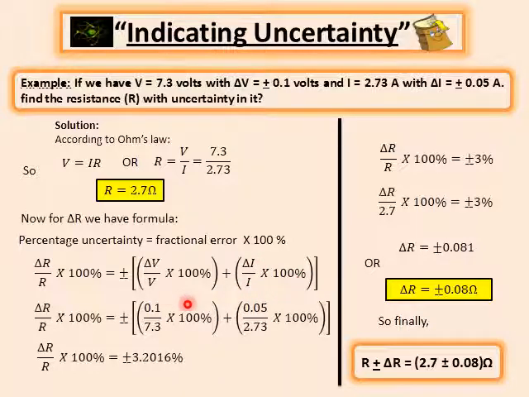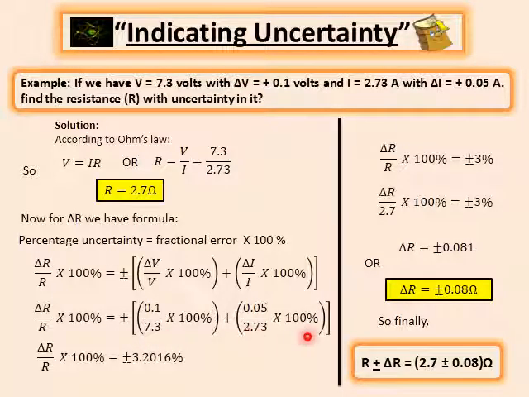Now by putting the values of ΔV, V, ΔI and I, we get 0.1 divided by 7.3 × 100% plus 0.05 divided by 2.73 × 100%.